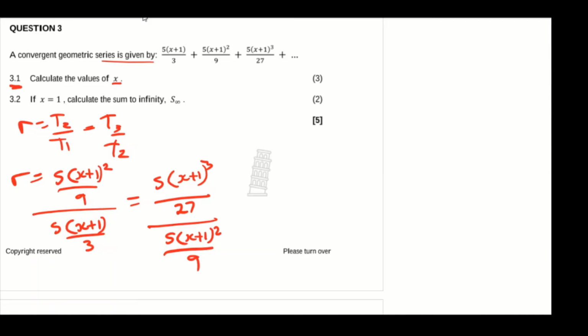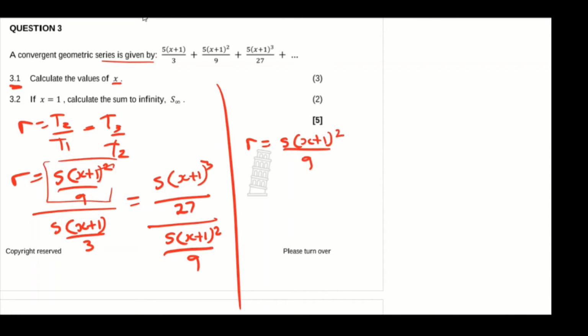So we are trying to find our common ratio, right? So what you can do is this: you can say r is equal to 5 into (x+1) to the power of 2 over 9, which is just this part here, and it's divided by this bottom part here, which is 5 into (x+1) over 3. So I'm just going to change this sign to be multiplication, and this will flip: this will go up and this will go down.